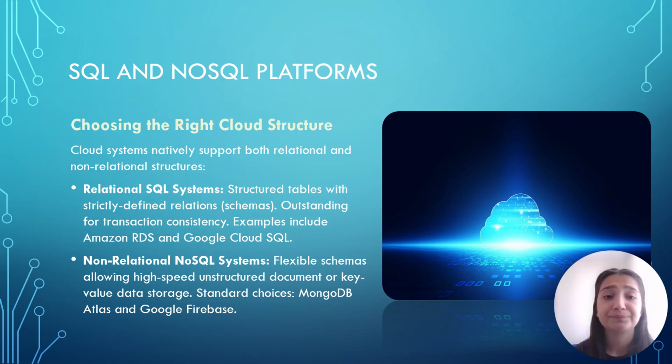Second, we have non-relational or NoSQL databases. These are designed for unstructured or highly flexible data, often storing information as JSON documents or key value pairs. Platforms like Google's Firebase or MongoDB Atlas are incredibly popular in this space because they allow rapid development without worrying about rigid table schemas.